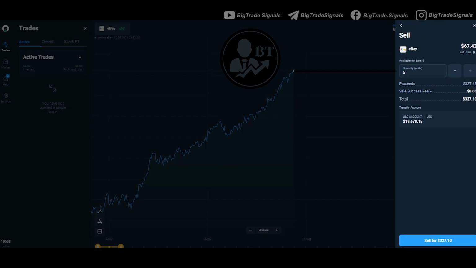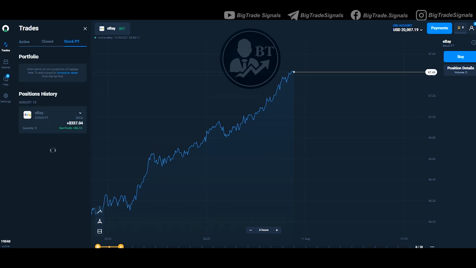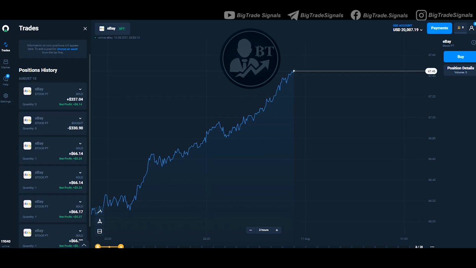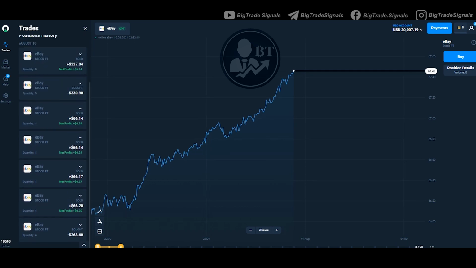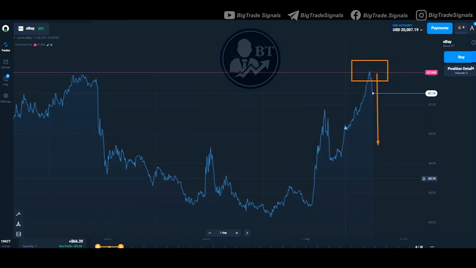Since I saw that the price approached the resistance level, I decided not to be greedy and sell all 5 volumes. After a while, I opened the platform and made sure that I did everything right. The price bounced off the resistance level and went down.